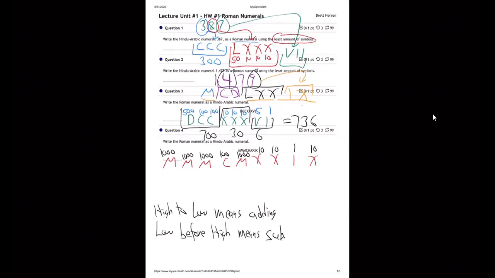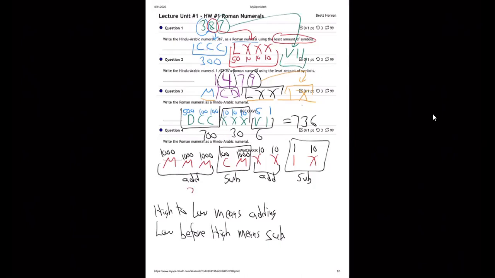Yeah, for the C and then the M afterwards. Yeah, right there, huh? That's a lower value symbol in front of a bigger value symbol. And then right here also, huh? They have 100 in front of 1,000 and they have a 1 in front of a 10. That signals you go, oh, that's subtraction. And that's subtraction. This other one, this must be adding and this must be adding, right?